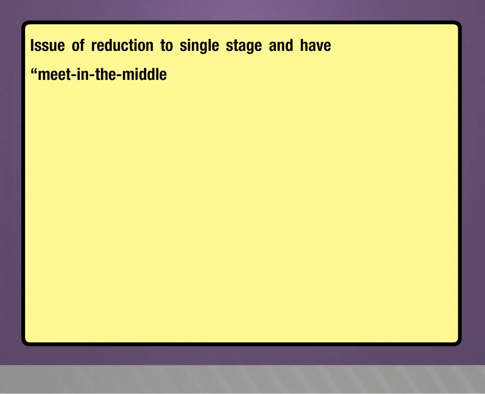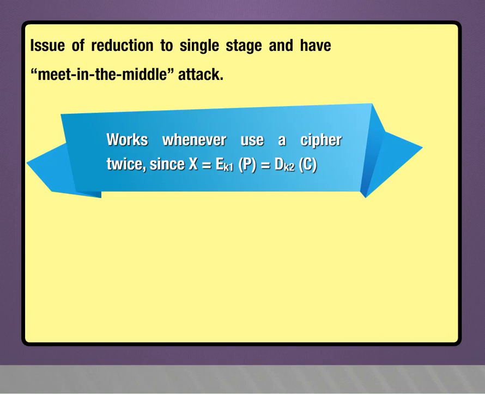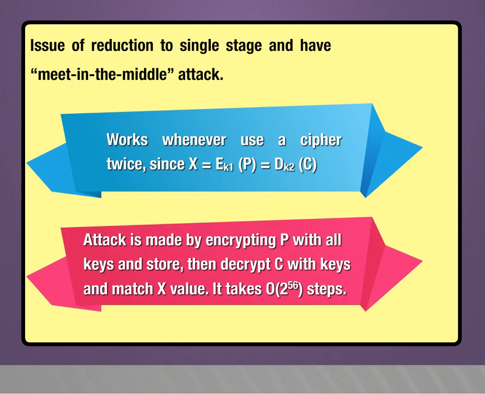There is the issue of reduction to a single stage, and the meet-in-the-middle attack. It works whenever a cipher is used twice, since X = E_K1(P) = D_K2(C). The attack is made by encrypting P with all keys and storing the results, then decrypting C with all keys and matching the X value. It takes on the order of 2^56 steps.